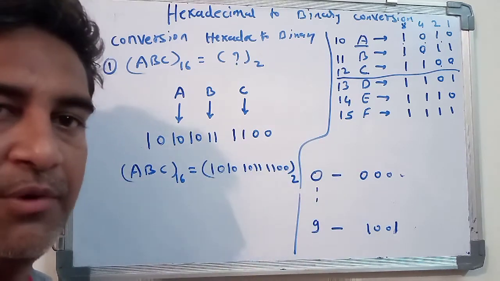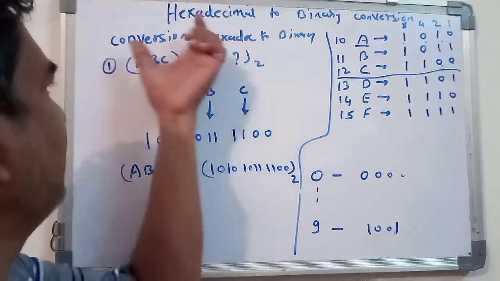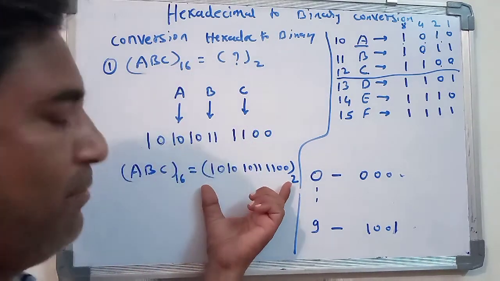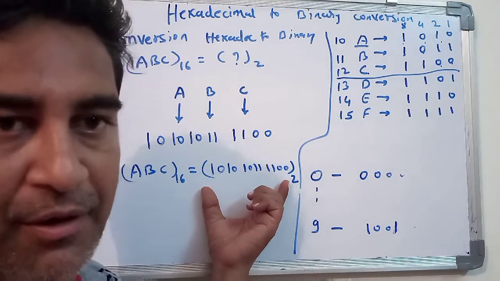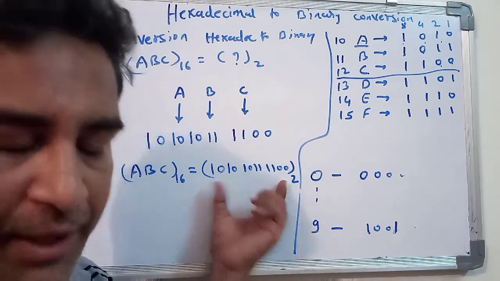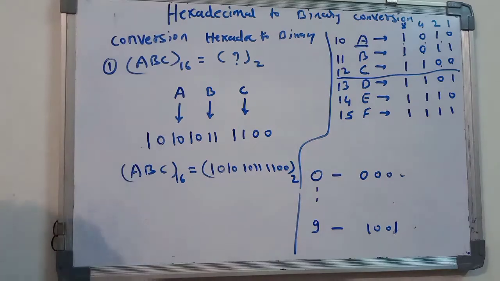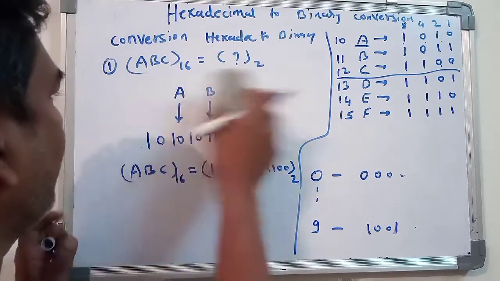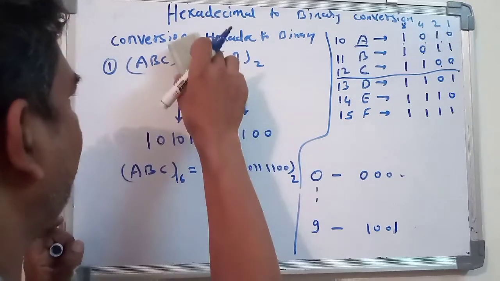From this you can conclude that the hexadecimal number has been converted into a binary number. Now, if there is a point, we will take this example itself.